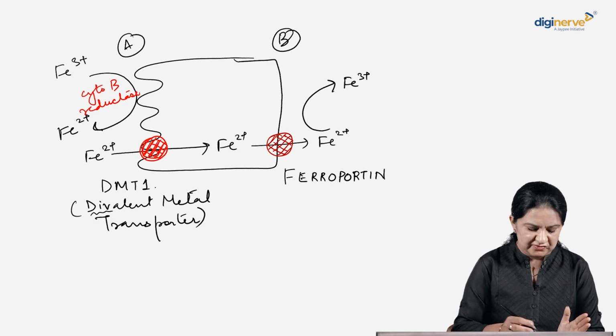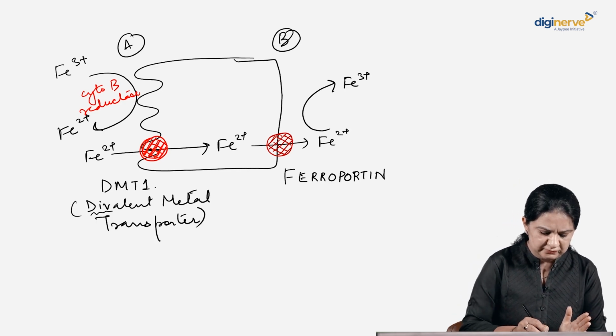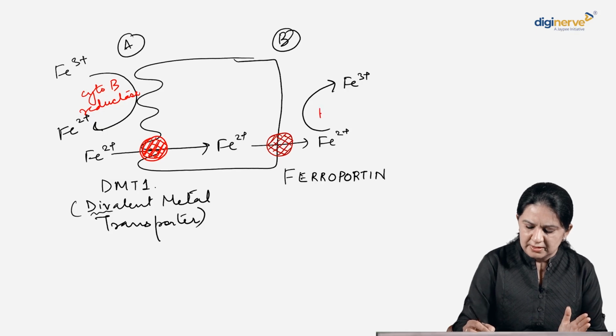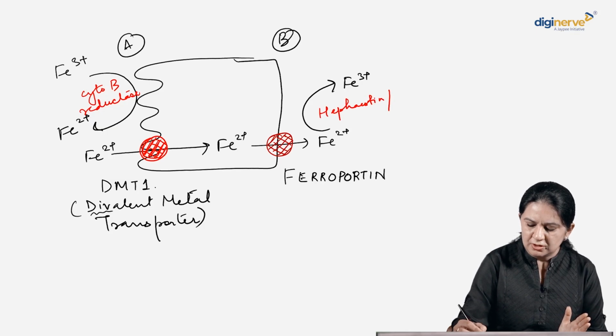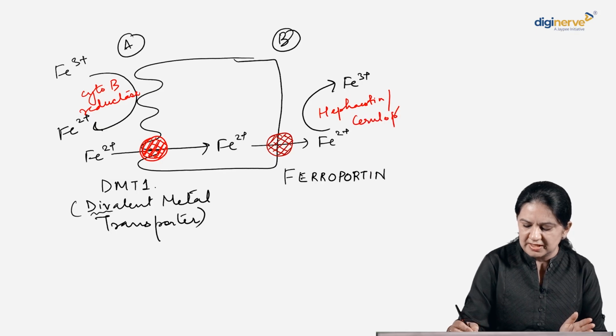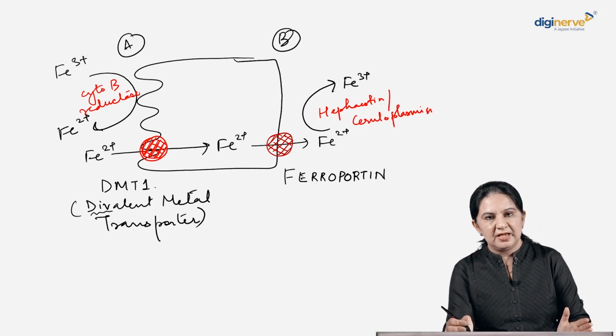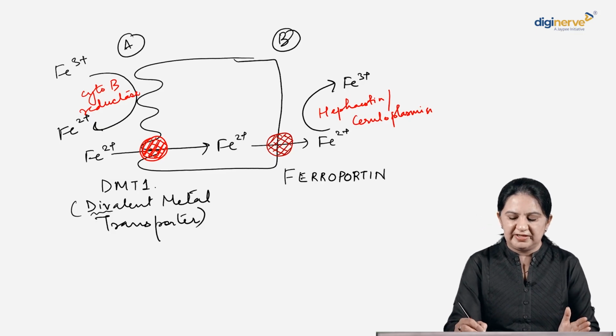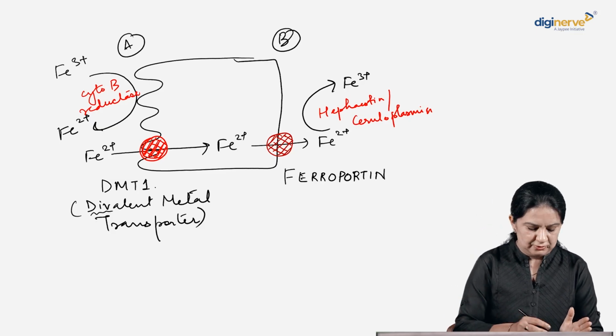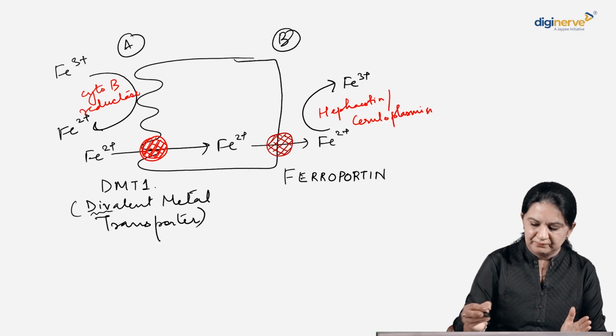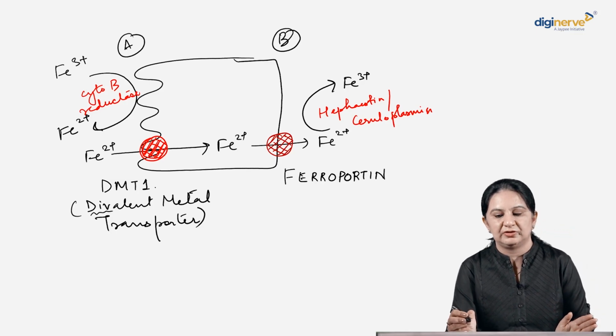All right. So this ferrous will again be converted to ferric by hephaestin or ceruloplasmin. Hephaestin or ceruloplasmin enzyme helps in the conversion of ferrous to ferric. Now this ferric iron is ready for circulation.